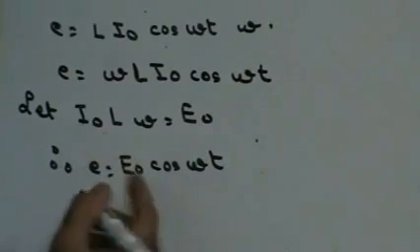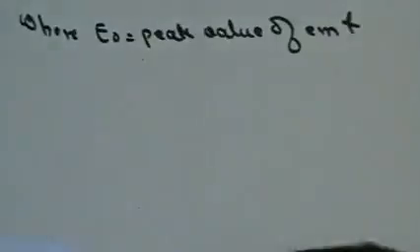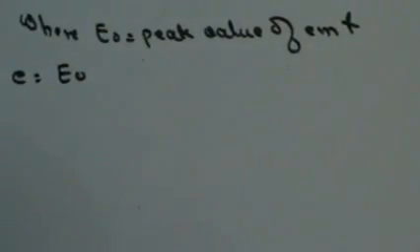Here E0 is the peak value of EMF. Now E is equal to E0 cos omega t can be written as E0 sin of pi by 2 plus omega t, since sin pi by 2 plus theta is nothing but cos theta.